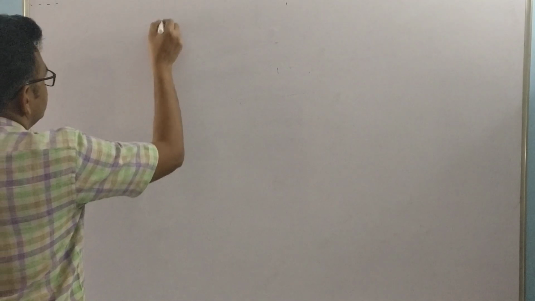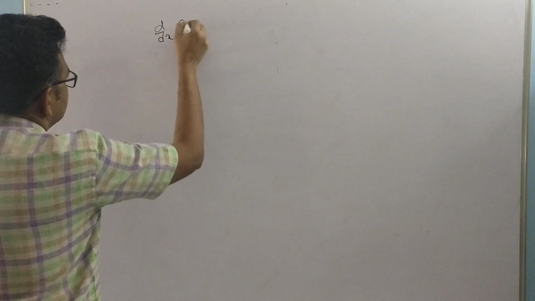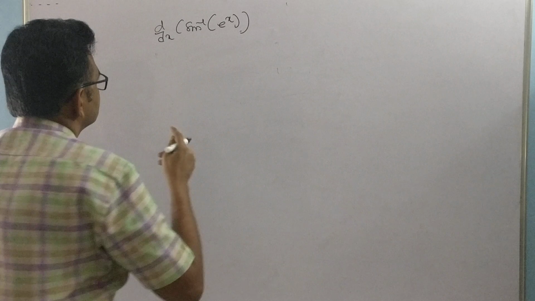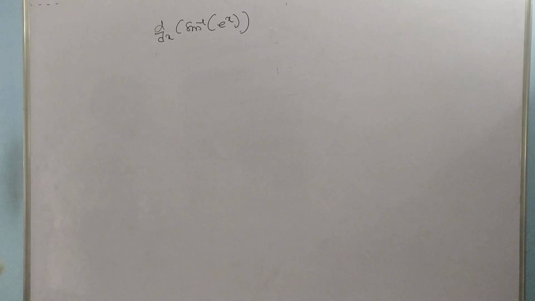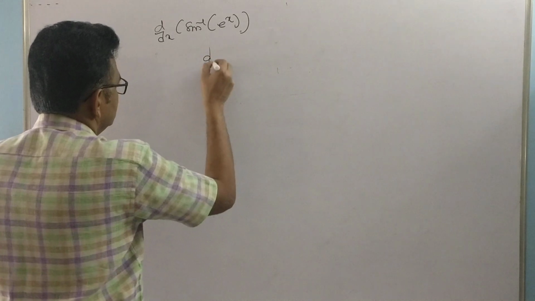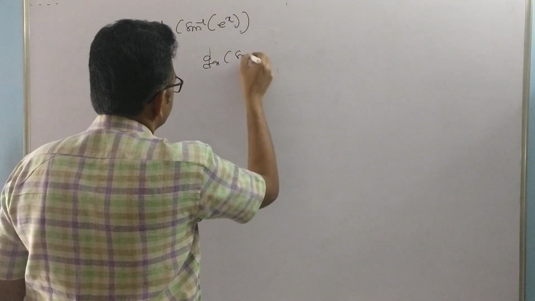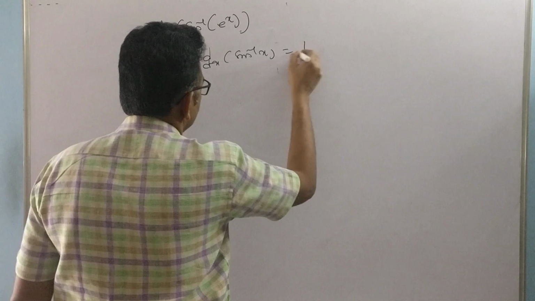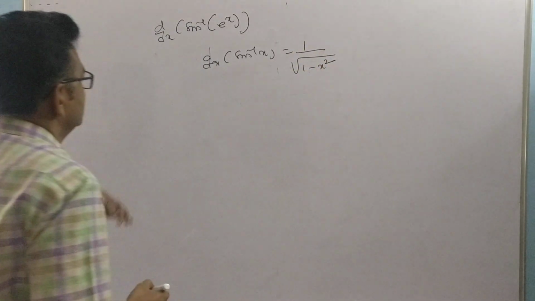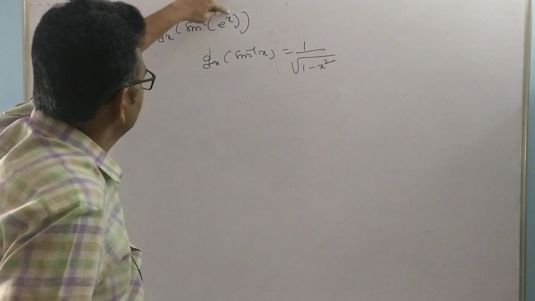Now we have to find the derivative of sin inverse of e power x. We have the derivative of sin inverse x is equal to 1 by root of 1 minus x square. So it is e power x but not x.